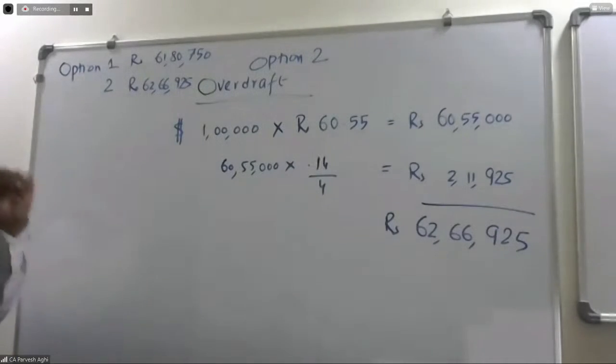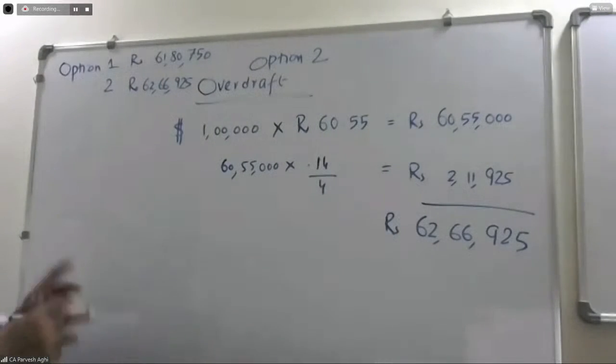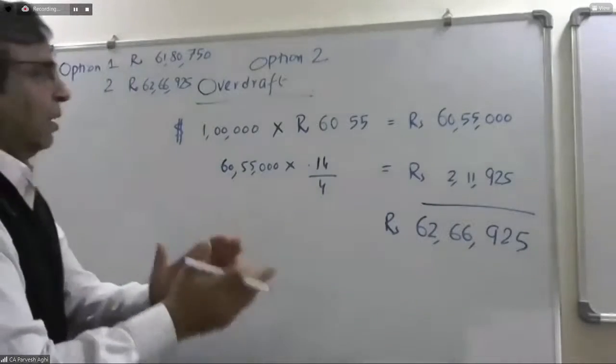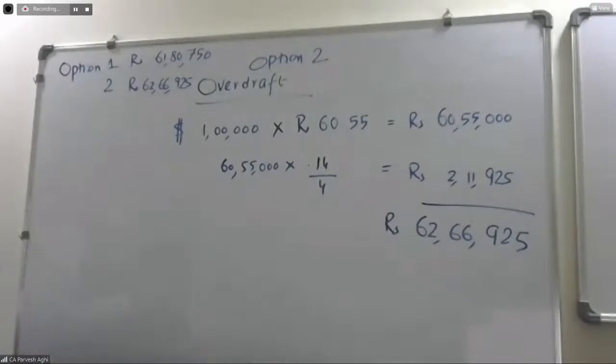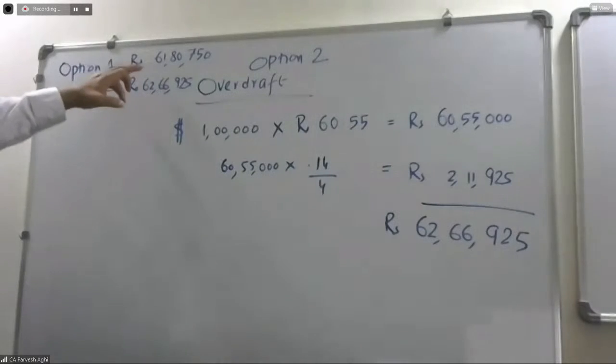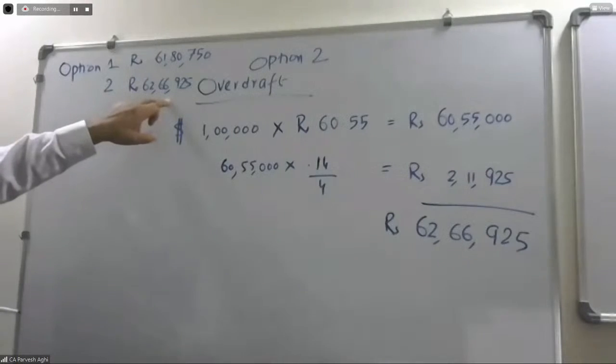So in this case, you should go for taking a forward cover. The logic is very simple, because the dollar is depreciating compared to the Indian rupee. So if he uses the first one, he is going to pay less after 3 months, because the dollar is going to depreciate. Today the dollar is stronger, so it is working out to be more.